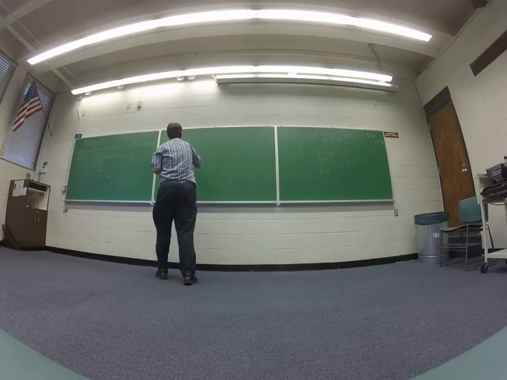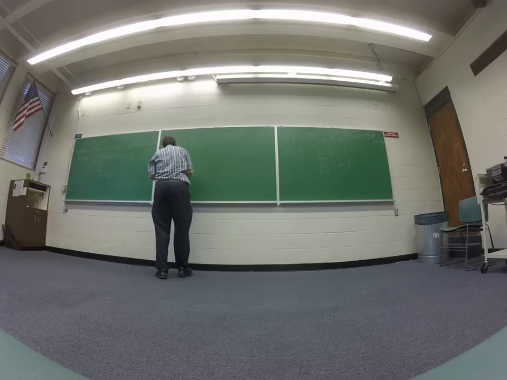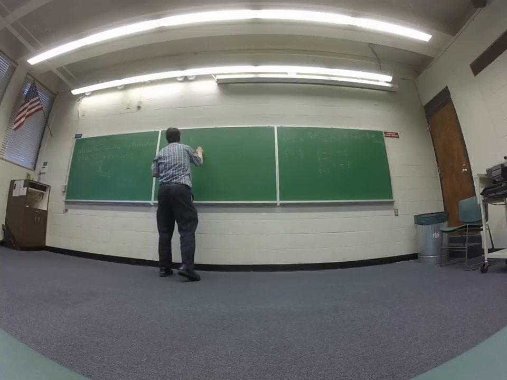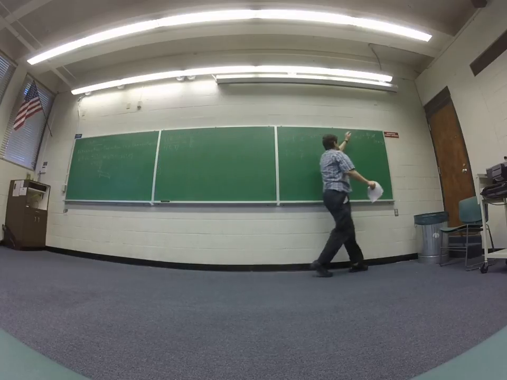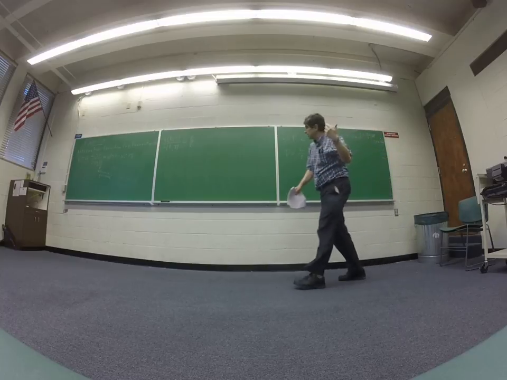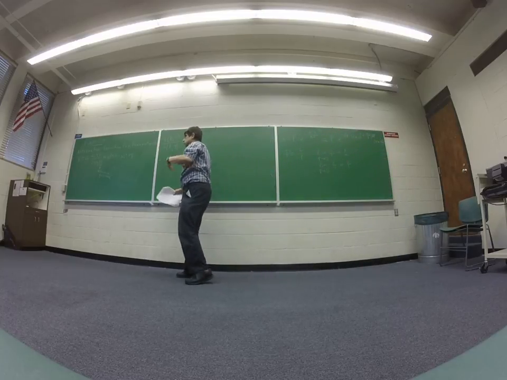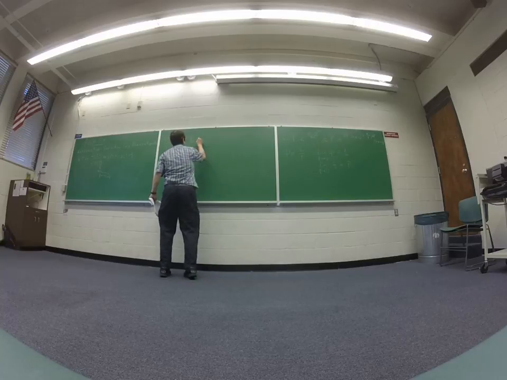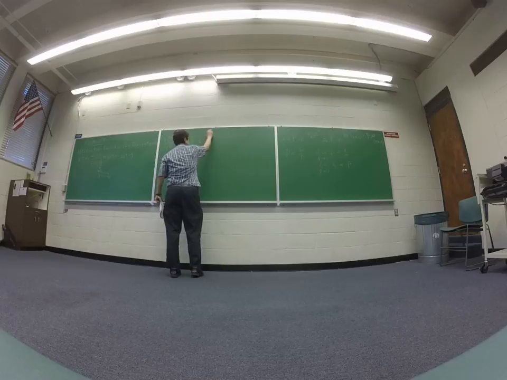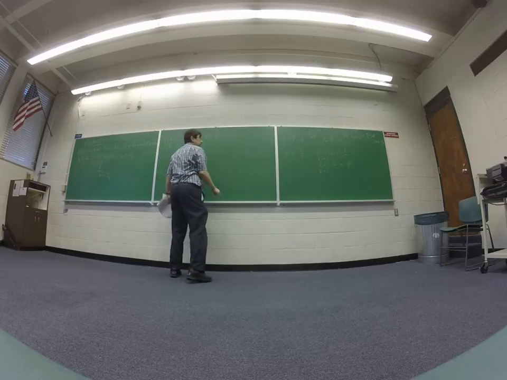So fugacity at pressure P2, comma T, over fugacity at P1, comma T, is going to be equal to P2 over P1 times e to this integral at P2 on the top, divided by e to this integral at P1. But dividing is the same as multiplying by e to the minus.